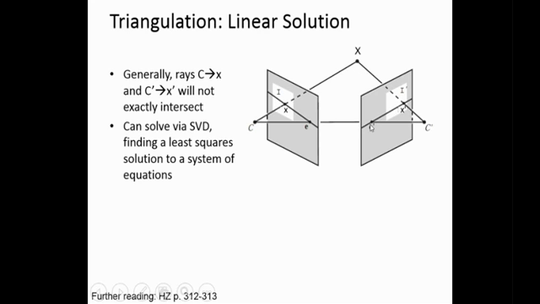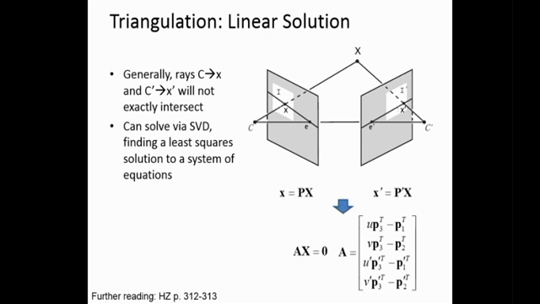And in this image, P prime times X should be approximately equal to x prime. So given the projection matrices of each of your cameras, you've got a pair of constraints that say that the 3D point should project close to the 2D coordinate where you observe it.